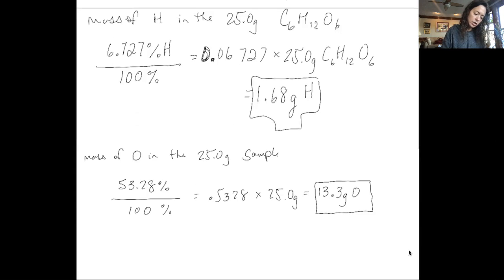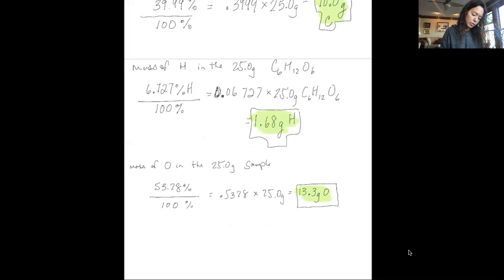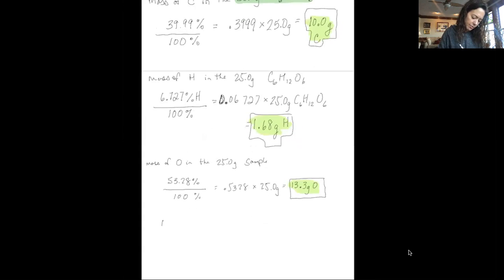And what can we do to check our answers? We have a 25-gram sample of the compound. According to our math, 10 grams is carbon, 1.68 grams is hydrogen, and 13.3 grams is oxygen. Should those not add up to 25?